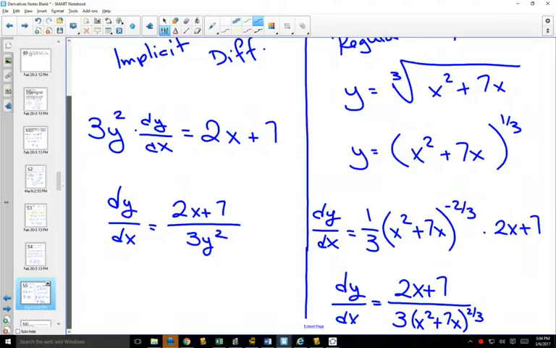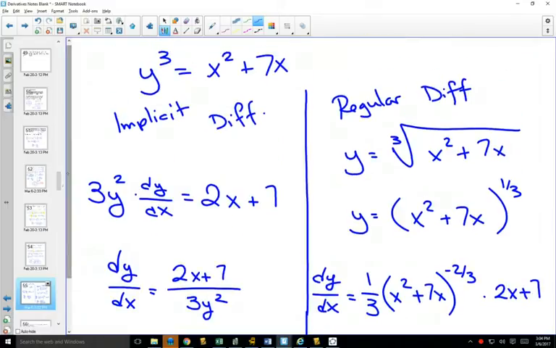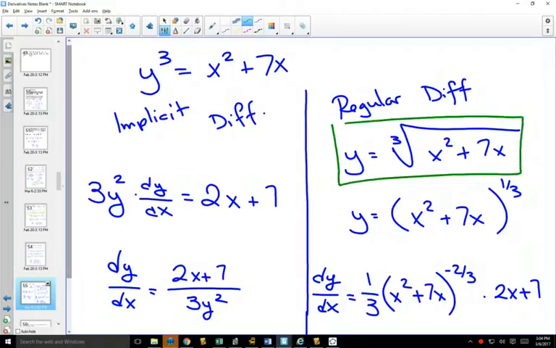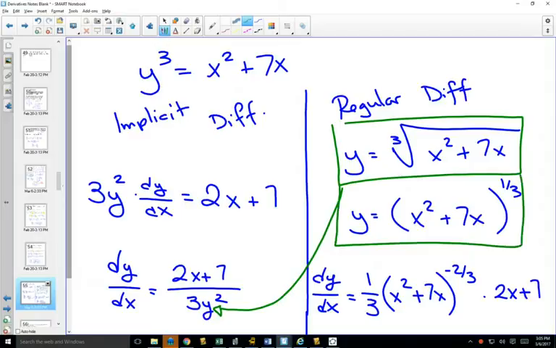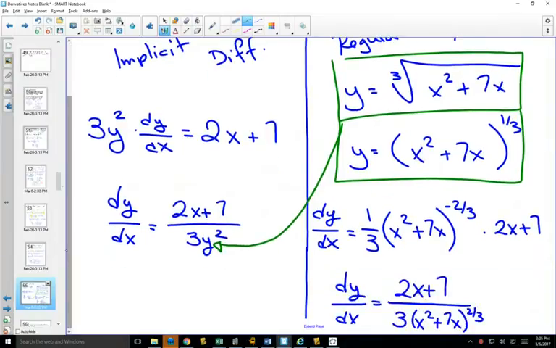And the way that we see that they're the same is either we take what y is equal to and substitute it in for y. It's probably even easier to use this form. Can you see if you plug that in for y and then square it, you would get that to the 2/3.